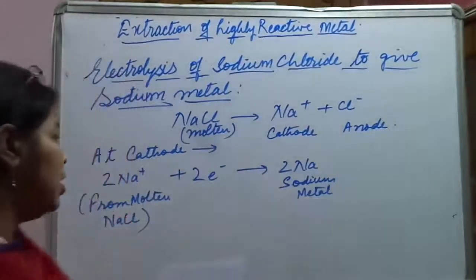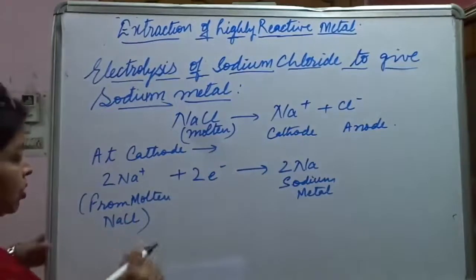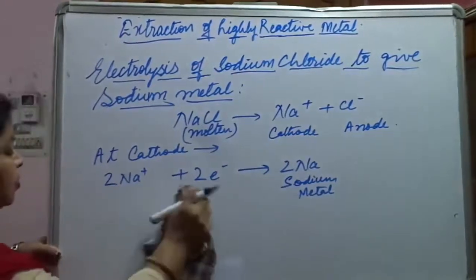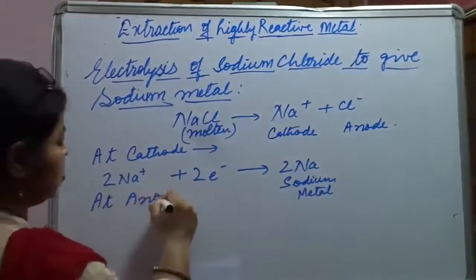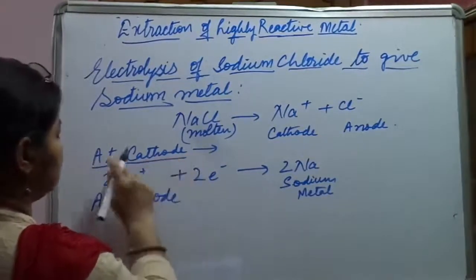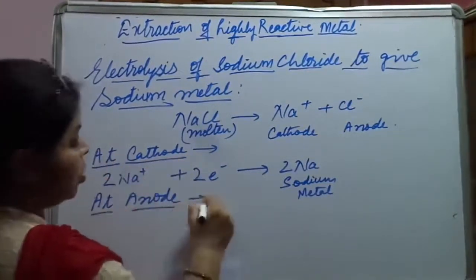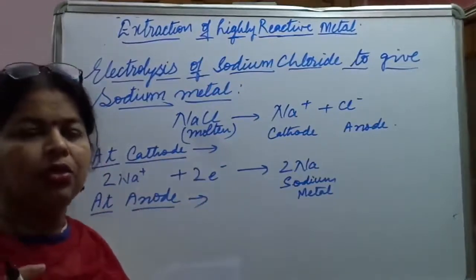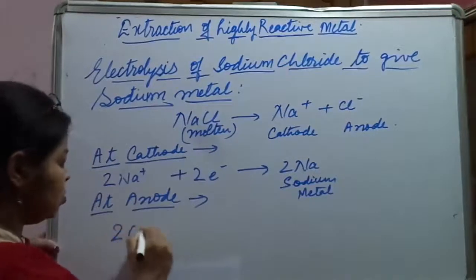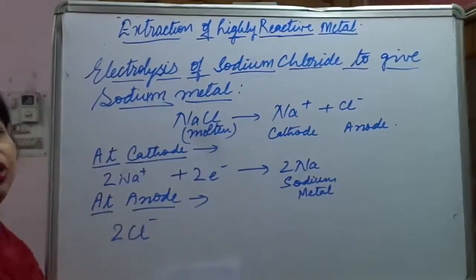Okay, while what happens at anode? On anode, 2 chloride ions, 2Cl-, what are they going to do?